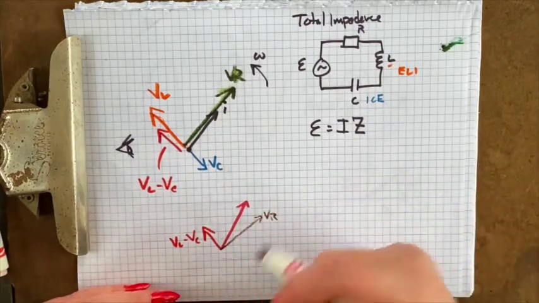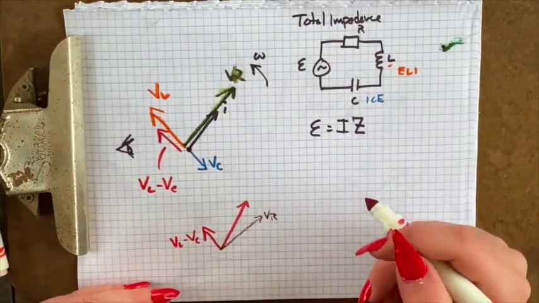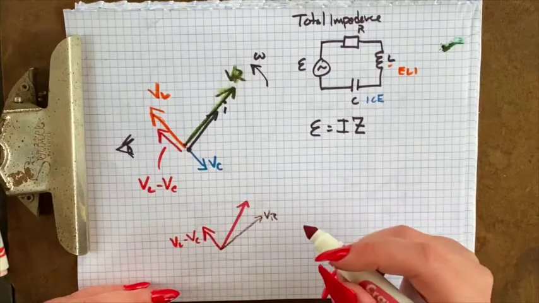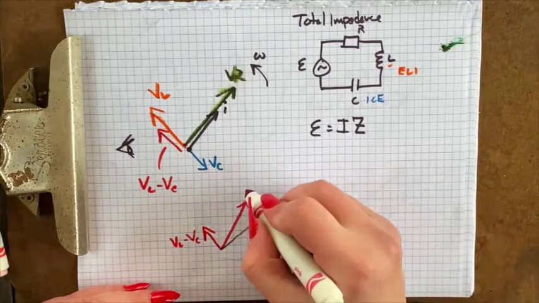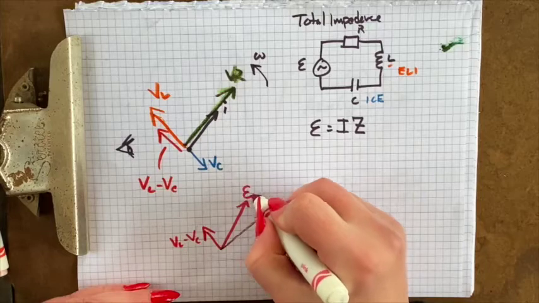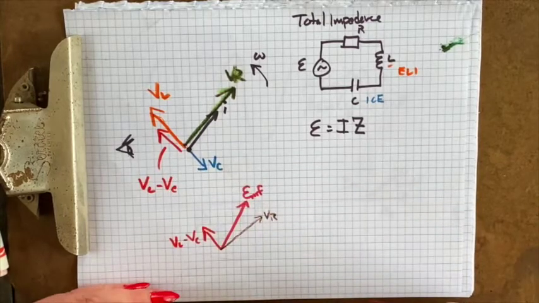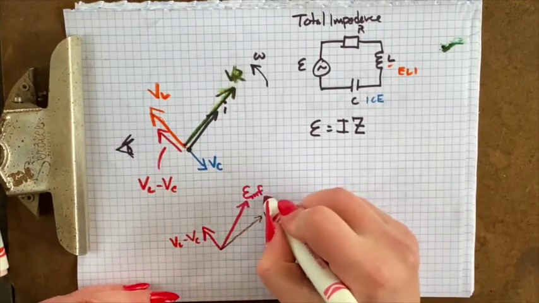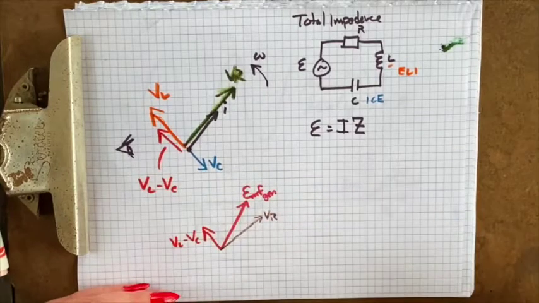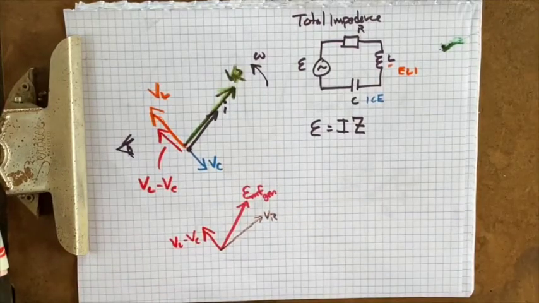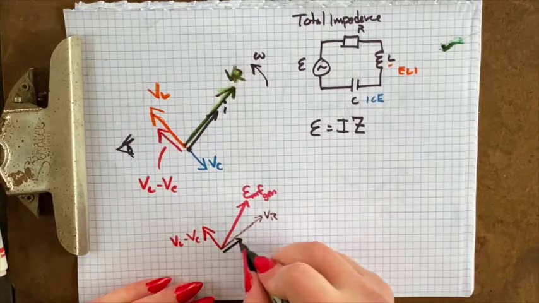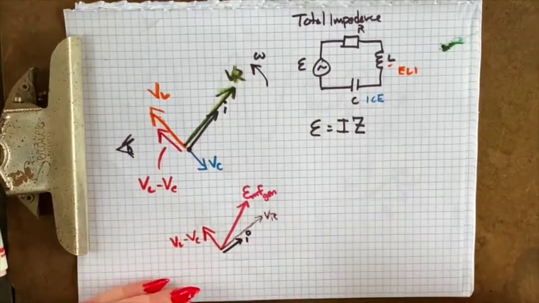Here they're adding geometrically because they're not in sync with each other. So the total voltage is the EMF from the generator. Maybe if you don't like that, we'll call it E generator. We should remind ourselves where the current is. I is pointed that way.